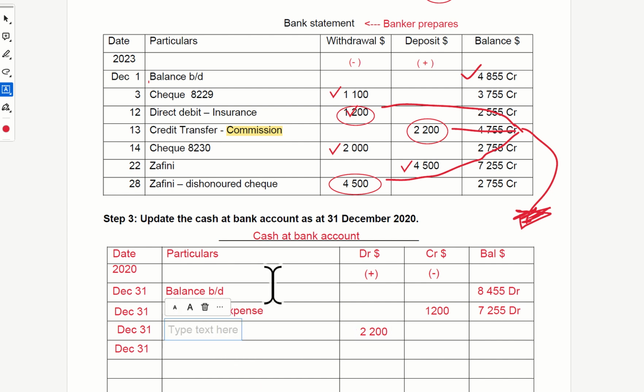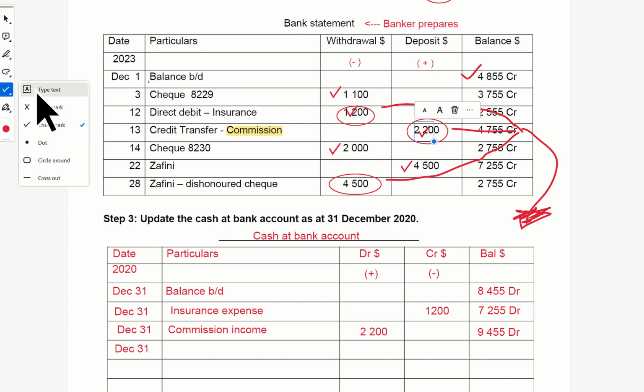So I should write commission income. Then I calculate my balance: 7,255 plus 2,200. And yes, I've updated this 2,200.